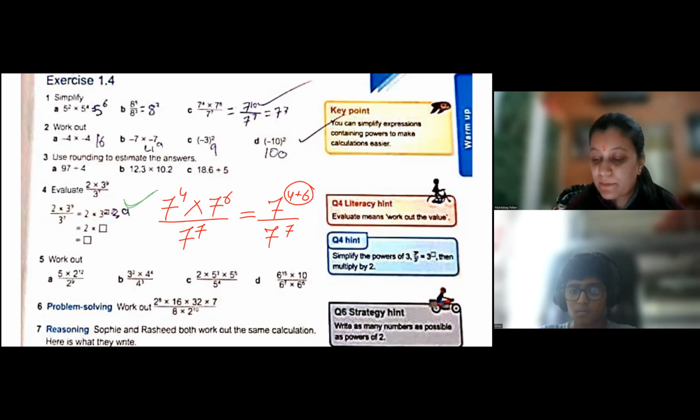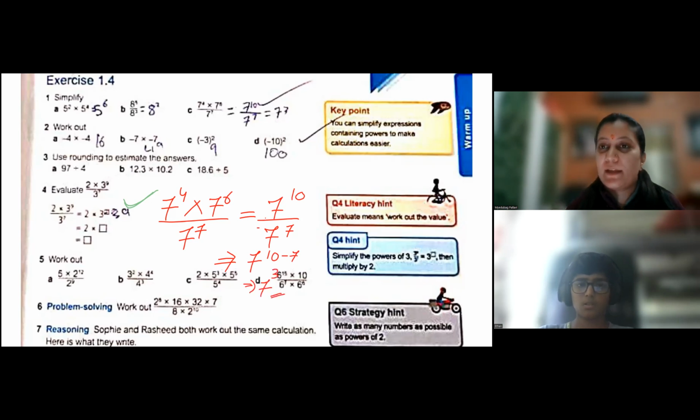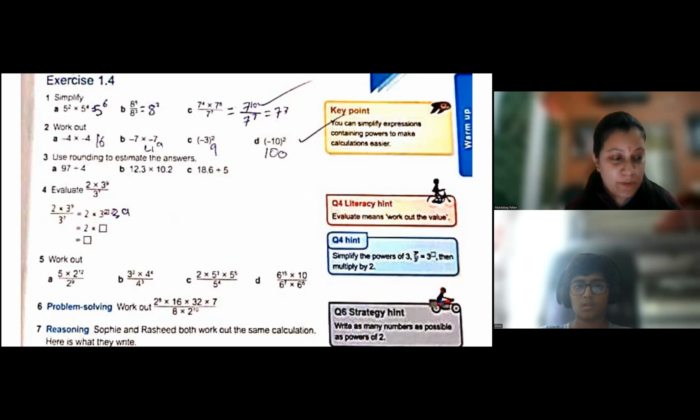Next step, then you subtract powers, since now it is division, so it will be 7 to the power 10 minus 7, which will be 7 to the power 3. Correct. Let's see the second question now.